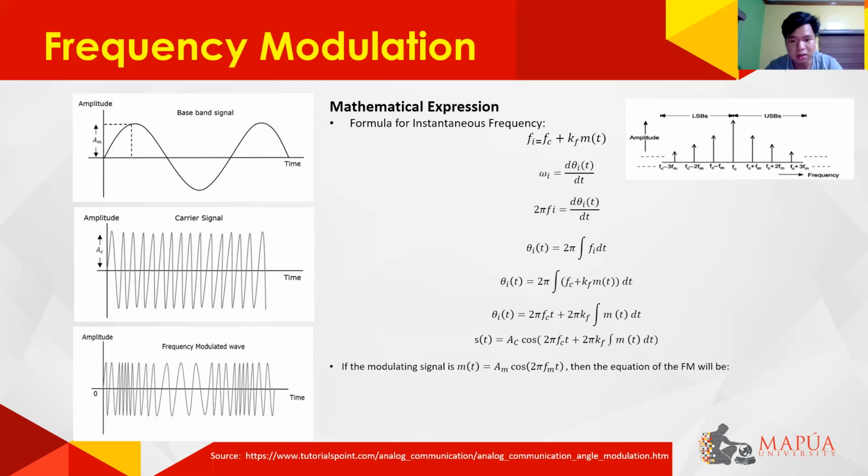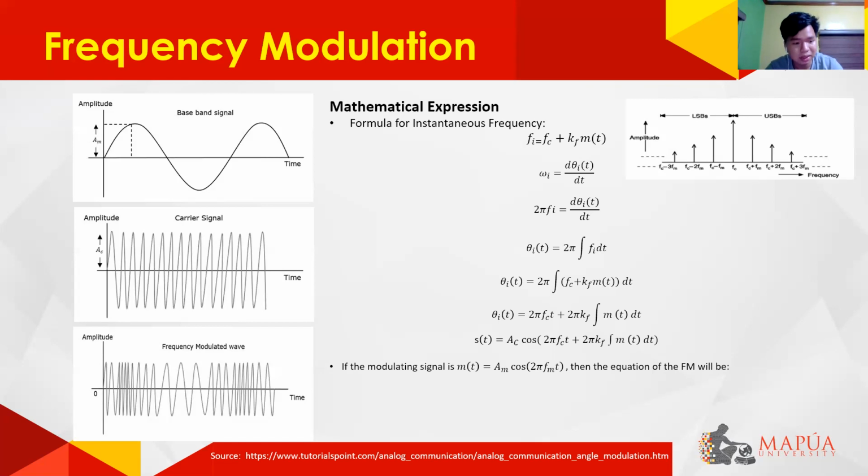So we substitute the value of omega_i as 2 pi f_i, and then we manipulate the equation. We now substitute the f_i value in the above equation, and we will have theta_i equals 2 pi times the integral of f_i dt.